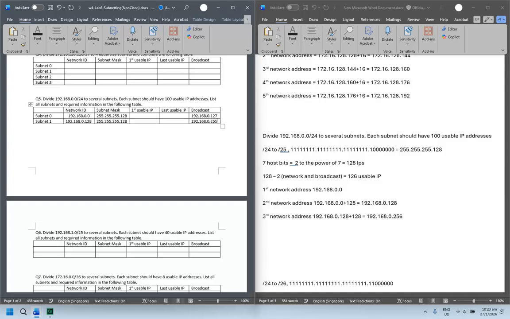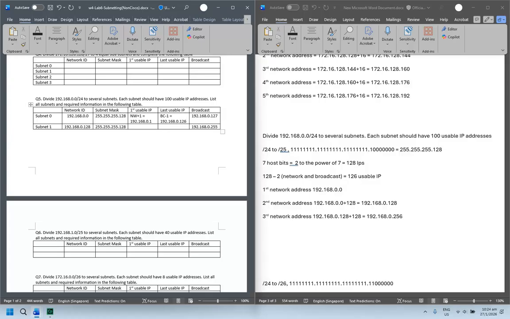So same thing here. Network plus 1 will be your first usable address, so you will have 192.168.0.1. Broadcast minus 1, we will be having 192.168.0.126 for the first subnet.